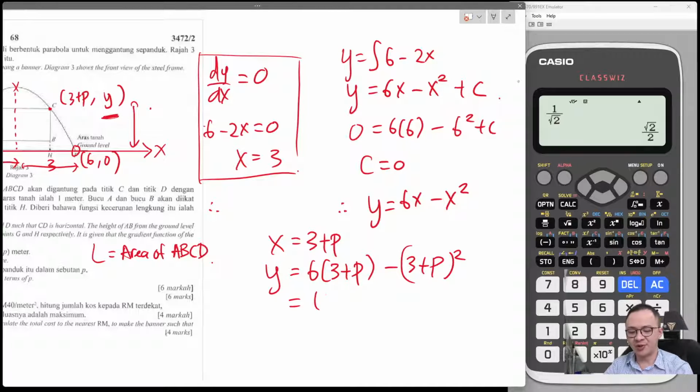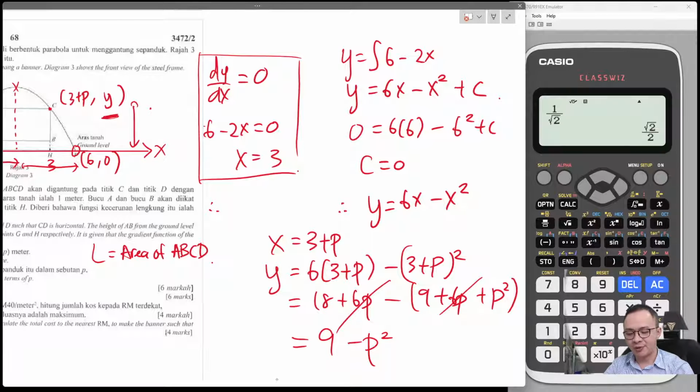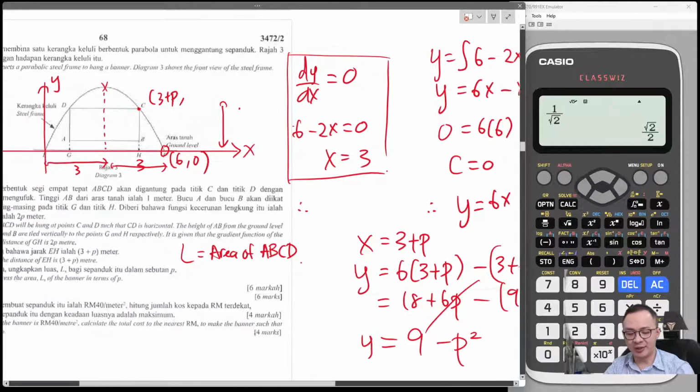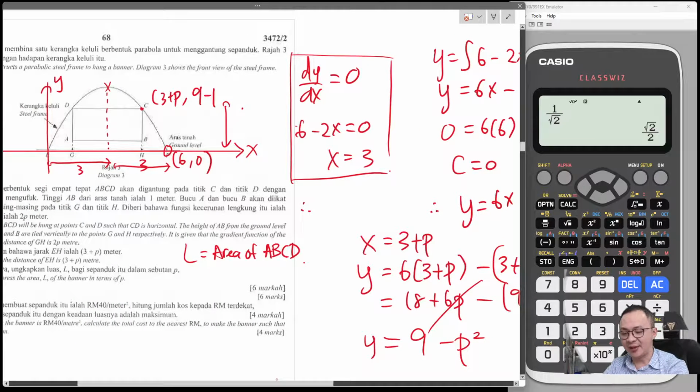Yeah, we just solve this one. 18 plus 6p minus (9 plus 6p plus p squared). So 6p minus 6p gone. 18 minus 9 is 9 minus p squared. So this is my y coordinate. Now I have the coordinate x and y. This is 9 minus p squared for my coordinate C.